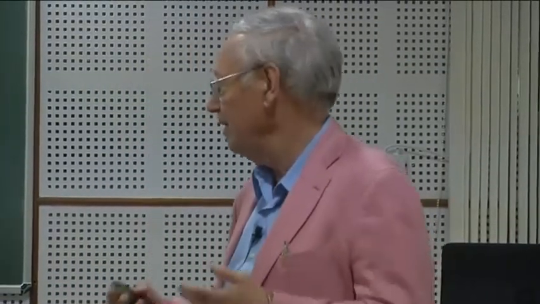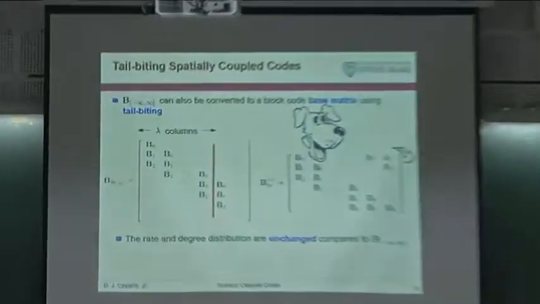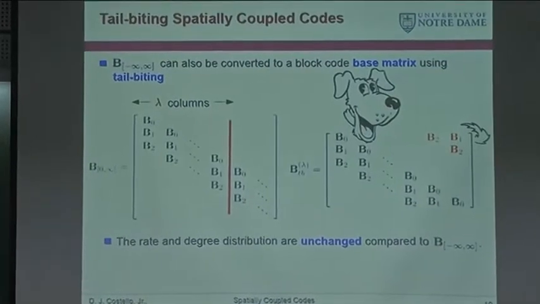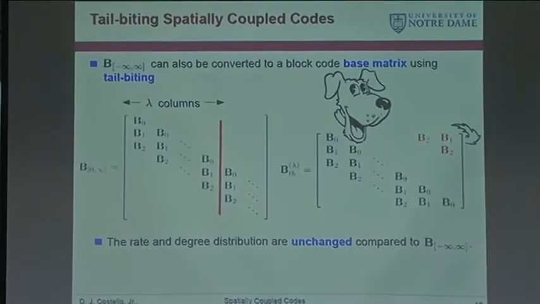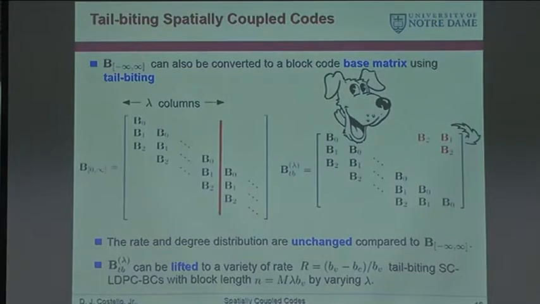Okay. So I always tell people, from my point of view, that it's not interesting to consider tail biting ensembles of LDPC convolutional codes. It has exactly the same properties as ensembles of LDPC block codes. The reason we discuss it here is because it helps us prove our distance bounds.